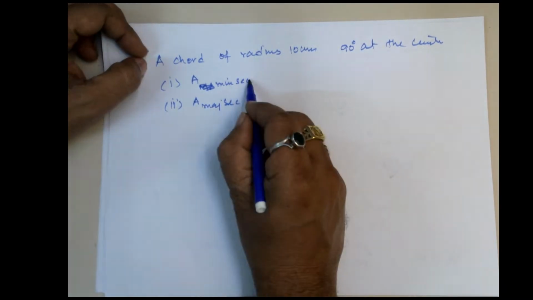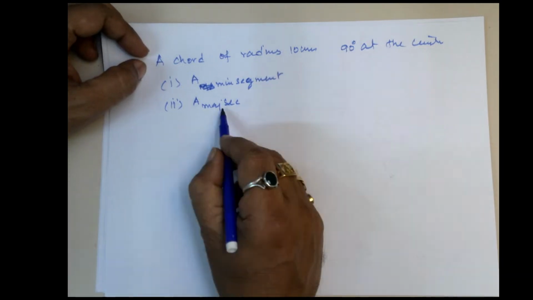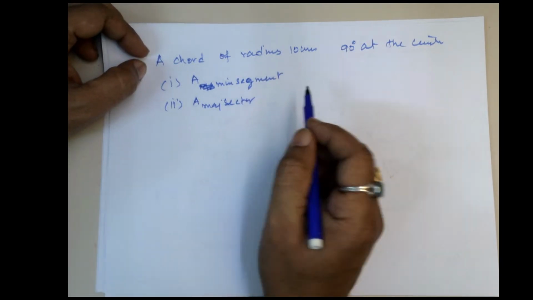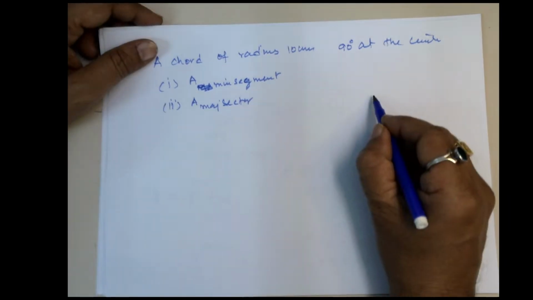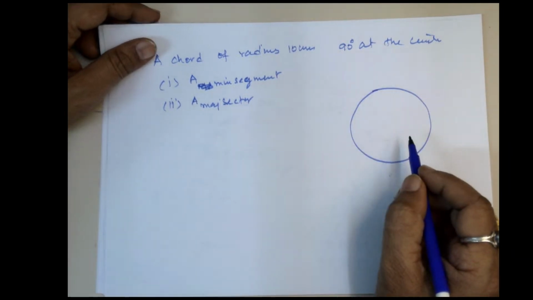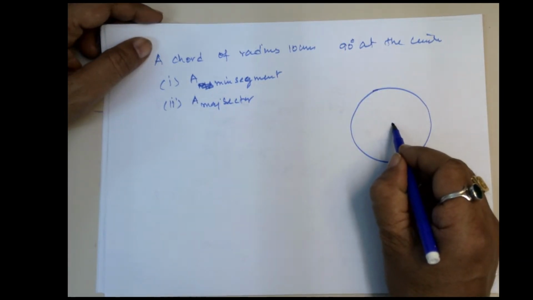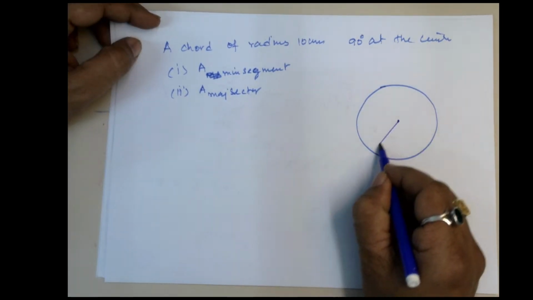This is segment, minor segment, and here it is asked as major sector. So you have to be very careful. Okay, right. Now let us draw the circle. This is a center and its radius is 10 centimeter.